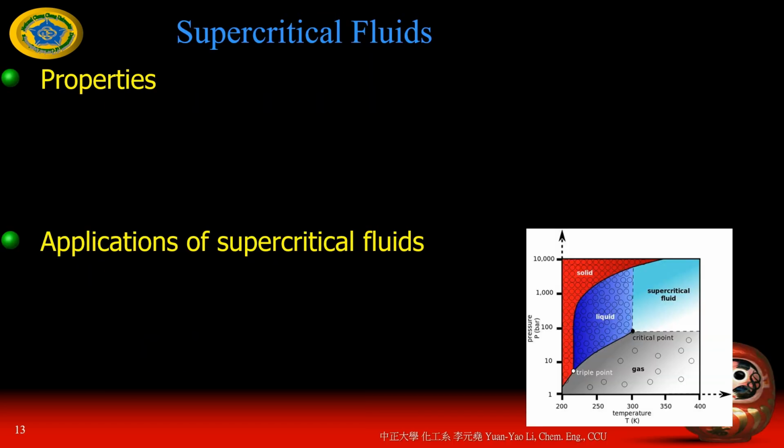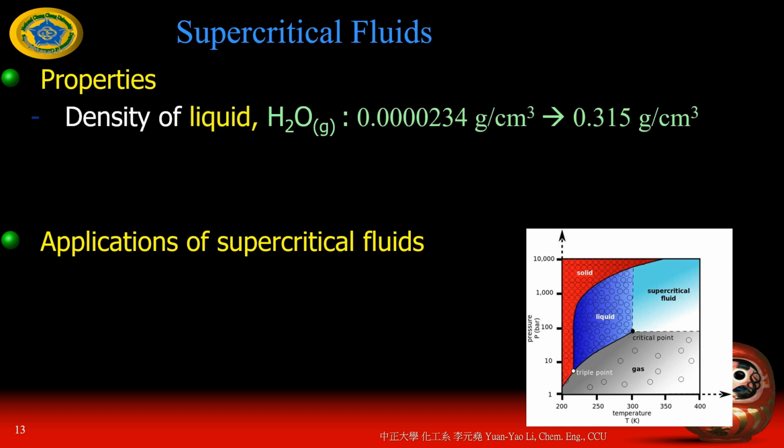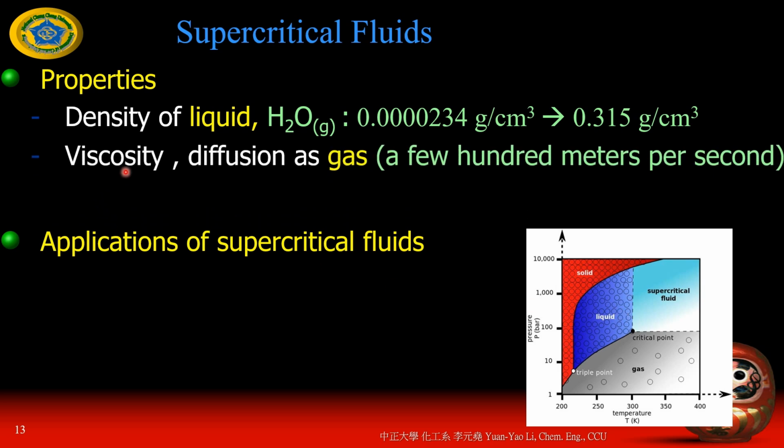Okay, what's the property of the supercritical fluid? As you can see, at this moment, the density of liquid increases from very low to very high. So you have a very high density of liquid, and the viscosity and diffusion of a gas.